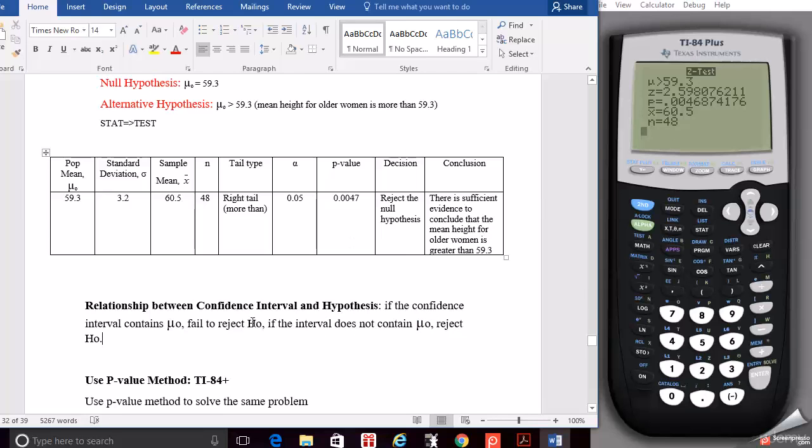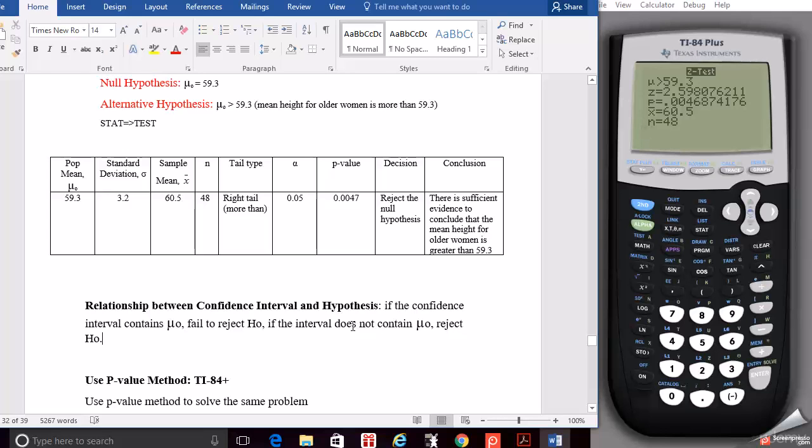So you reach the same conclusion. If you are using the confidence interval, look for the null value. If it's contained in the confidence interval, you will fail to reject the null. If it's outside of the confidence interval, you will reject the null hypothesis. You draw the same conclusion whether you reject or fail to reject.